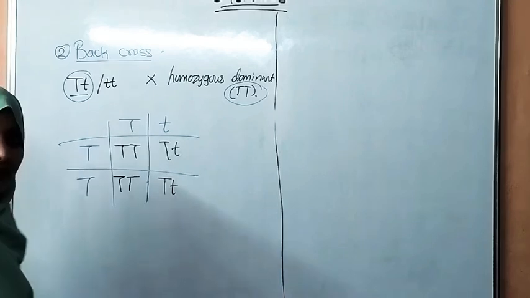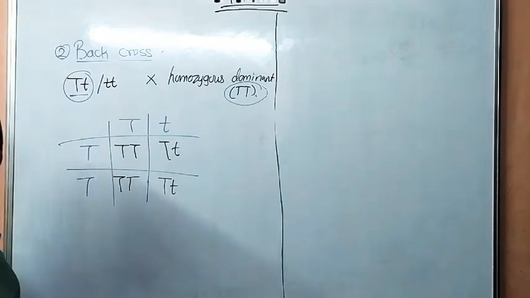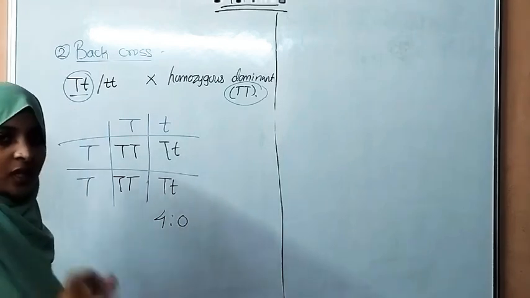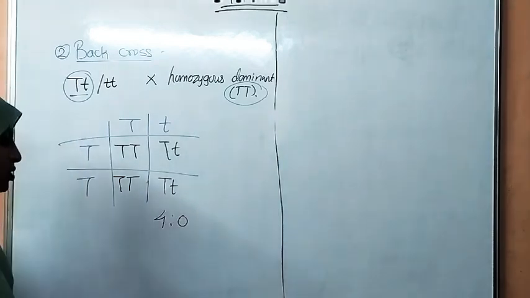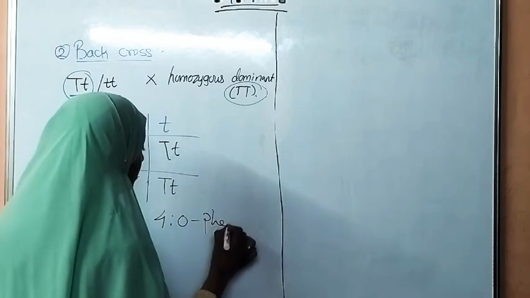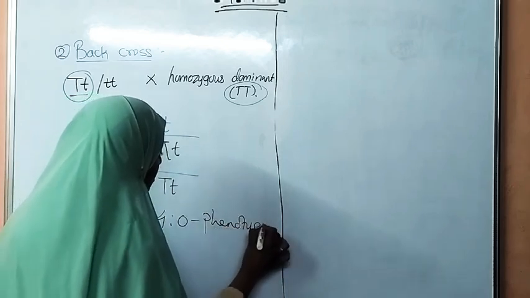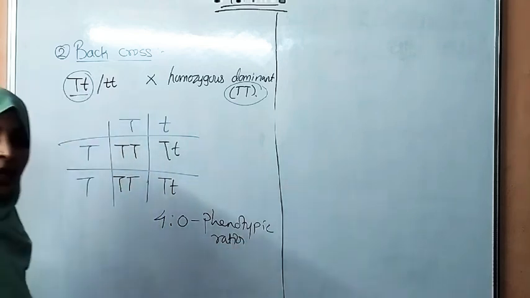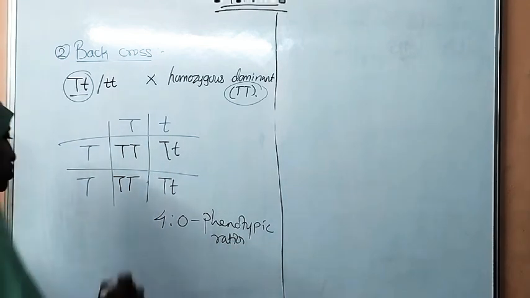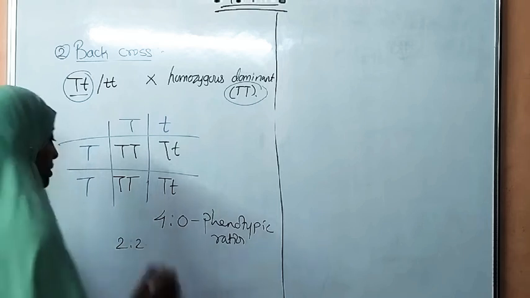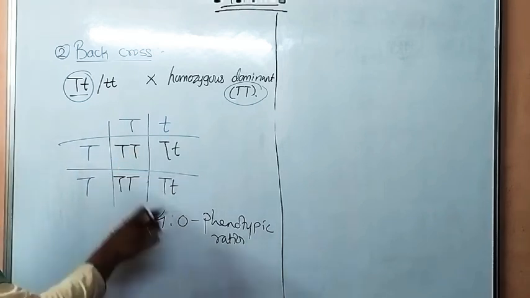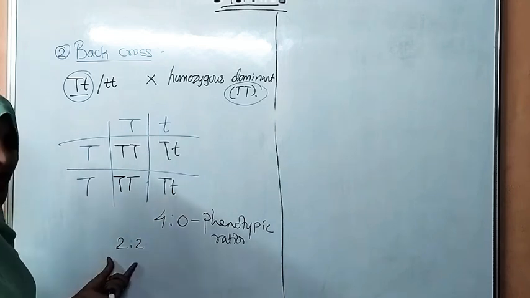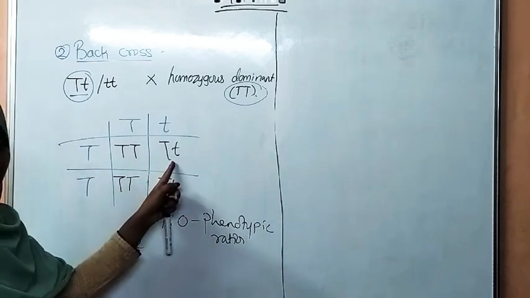If you look at the phenotypic ratio of the back cross, it is 4:0. Phenotypic ratio means the physical appearance is 4:0. If we discuss the genotypic ratio, it is 2:2, meaning two homozygous tall and two heterozygous tall.